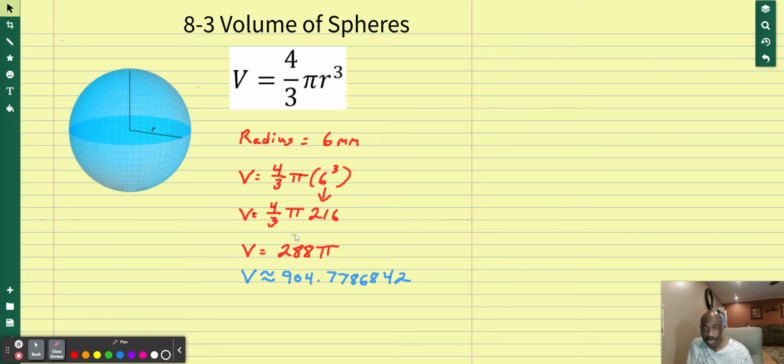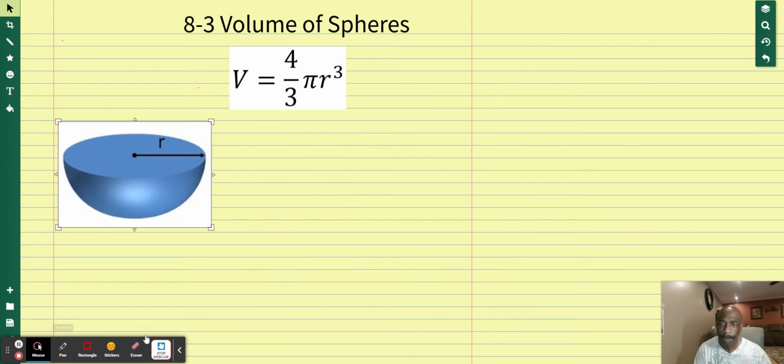So we need to check that out. The 10th place is right here, and the next digit is a 7. That 7 means that the previous number will go up 1. So my answer is approximately 904.8. And this happens to be in millimeters to the third power. Very good.